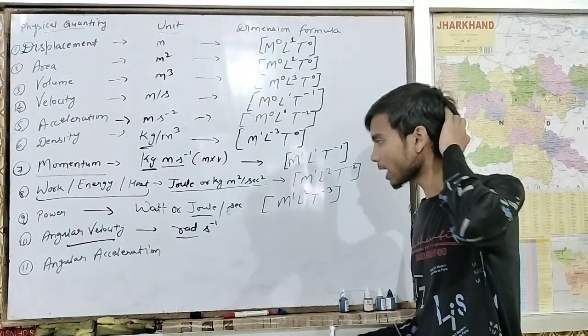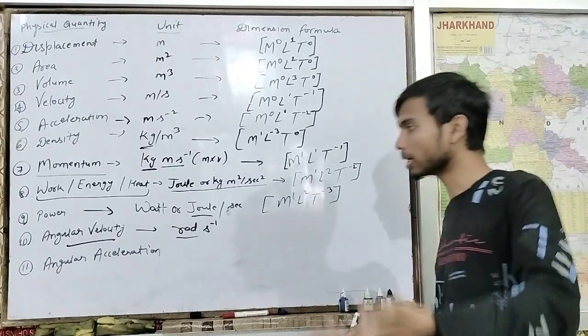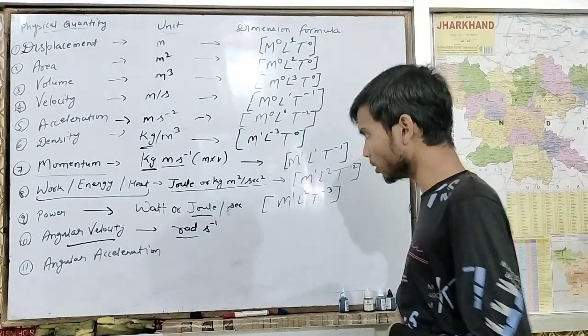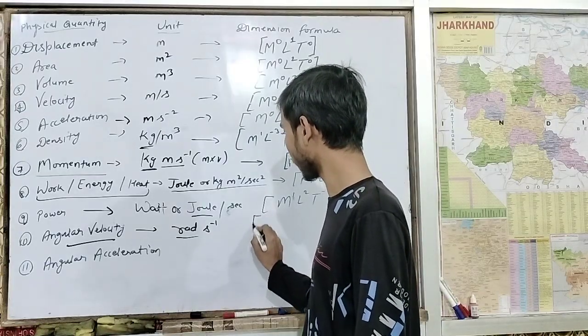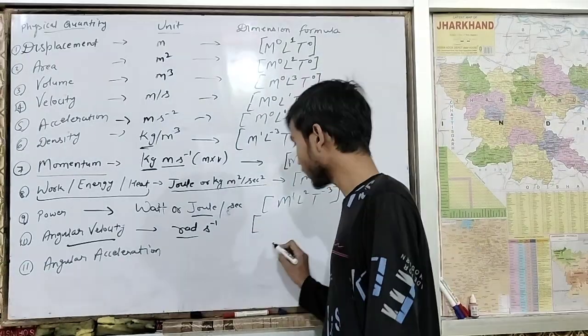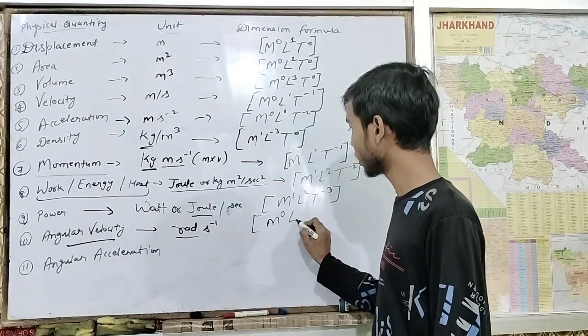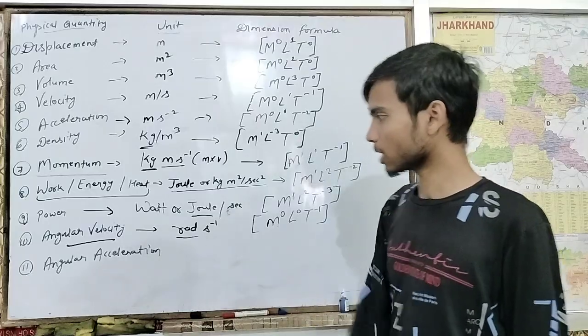Now next, we know that this S is not supplementary. So here first we have M, which is 0, L is 0, T is minus 1. M0 L0 T minus 1.